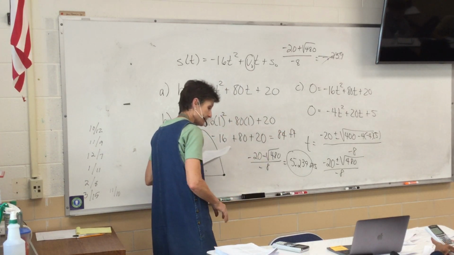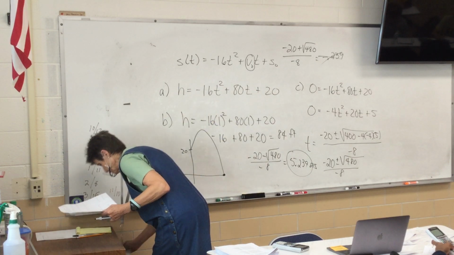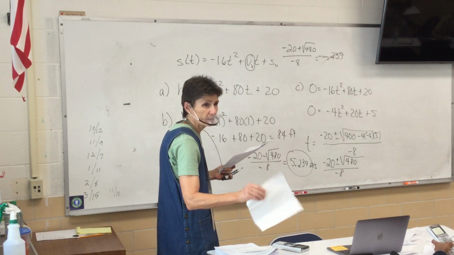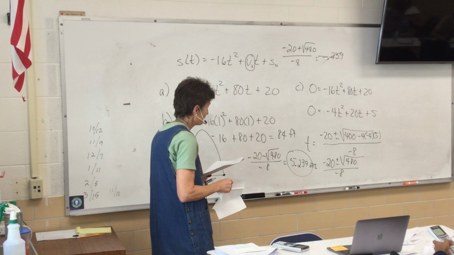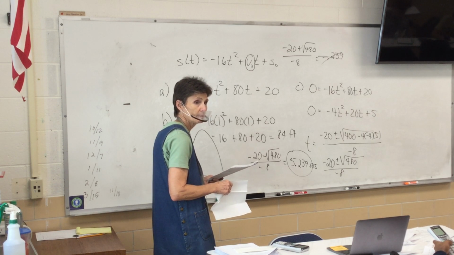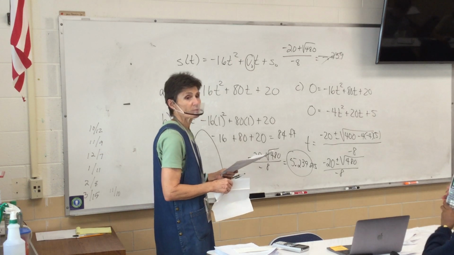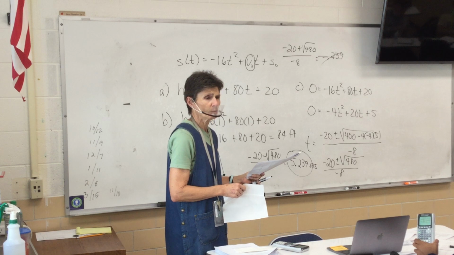All right, Navi, you got it? What's going on back there? It's not turning into a decimal. Well, you're supposed to be using your graphing calculator. It should be giving you a decimal.